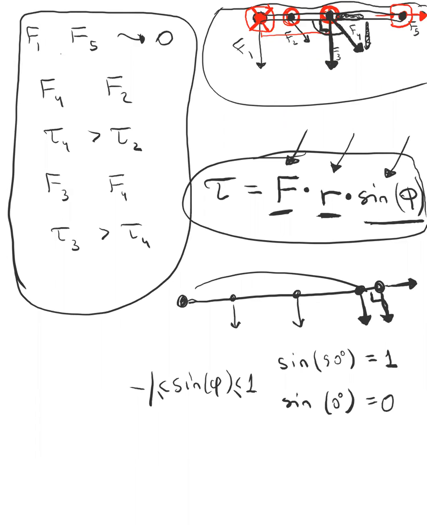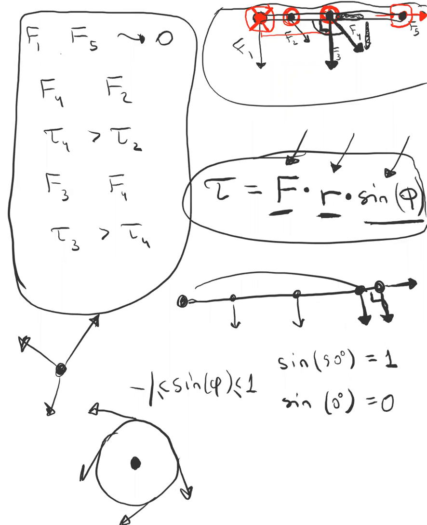Now, one more thing to keep in mind is the direction of your torque. When you have forces, you know that forces are vectors. They could be pointing in any of the 3 directions, x, y, z, or somewhere in between. With the torques, when you have an object, let's say I have this disc, which has a pivot point in the middle, when it comes to the directionality of the torques, I have 2 options, right?